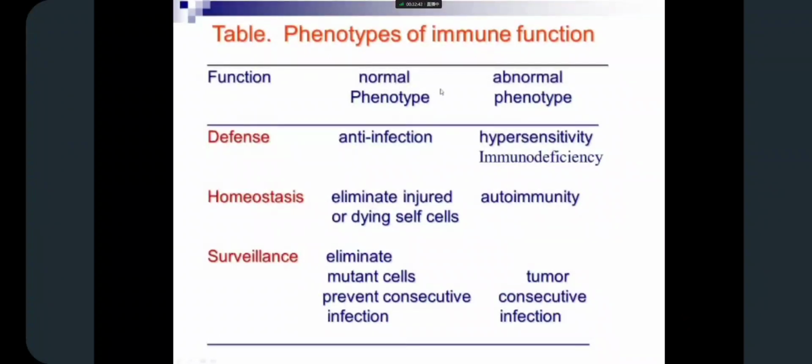Normal phenotype shows eliminating mutant cells and preventing persistent infection, but abnormal shows tumor or persistent infection by a virus.